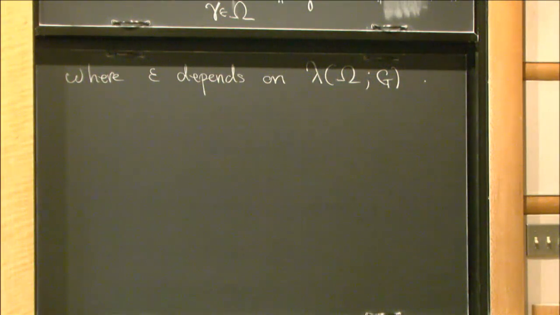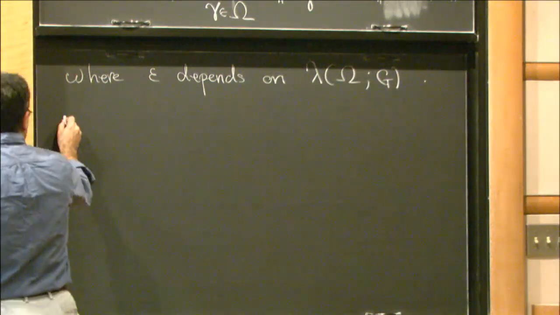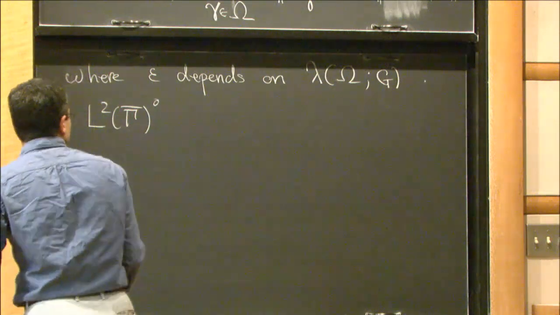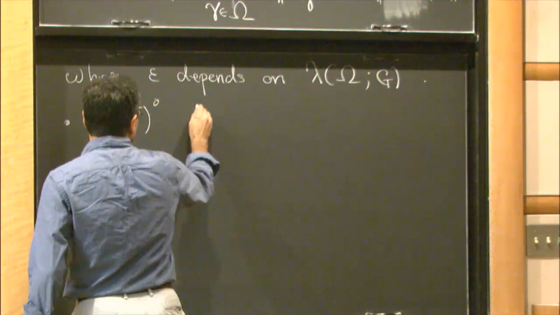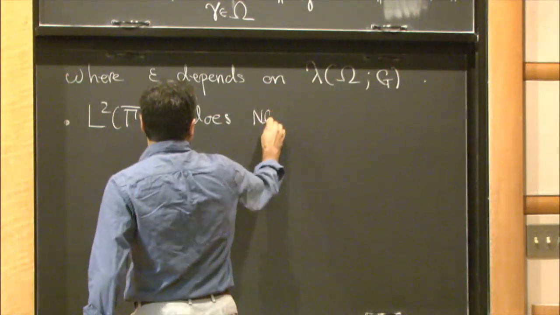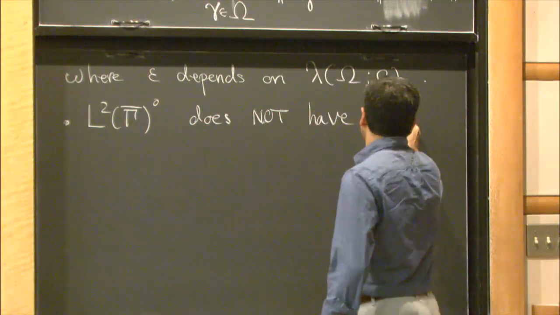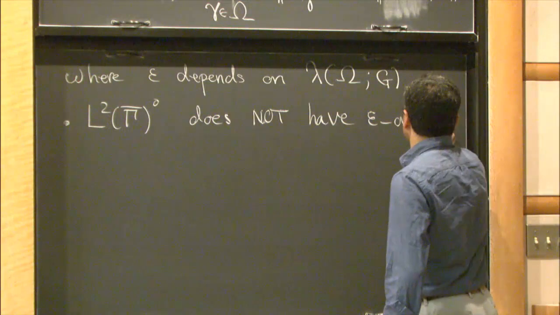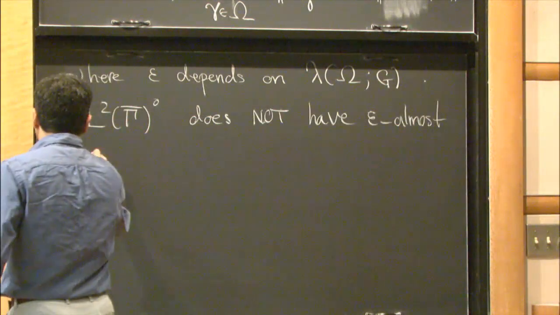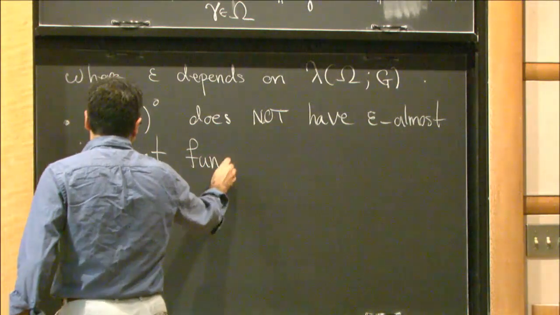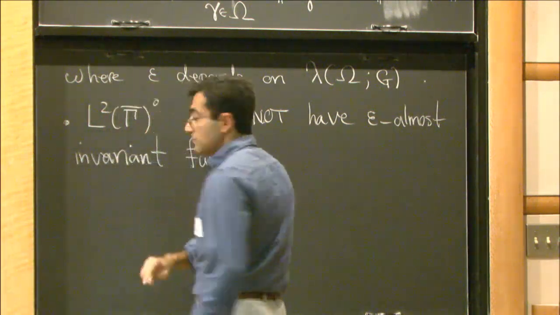Loosely speaking, this says that L2 of gamma bar does not have epsilon almost invariant functions.